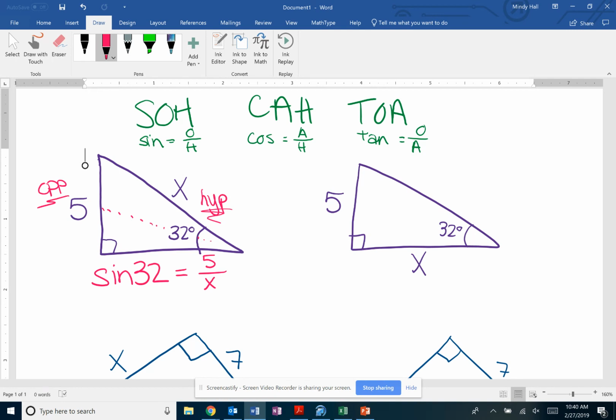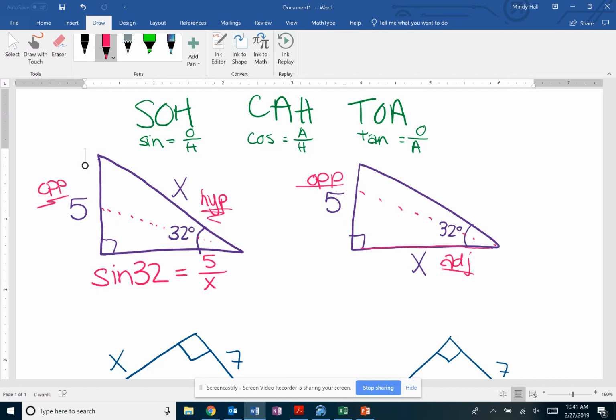When you write it, you cite your trig function, the degree, and equals whatever ratio it is. If you look at the one to the right, this one is slightly different because now I have my 5, which is still opposite the 32, but my x is now adjacent rather than the hypotenuse because it's a part of the triangle. Because my sides are now opposite and adjacent, I have to look at my SOHCAHTOA.